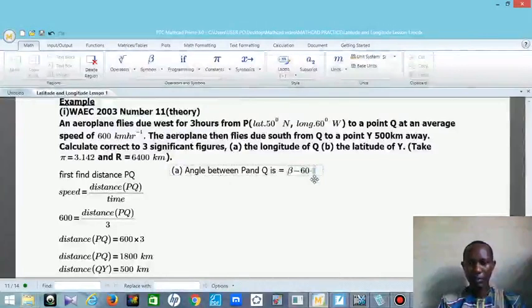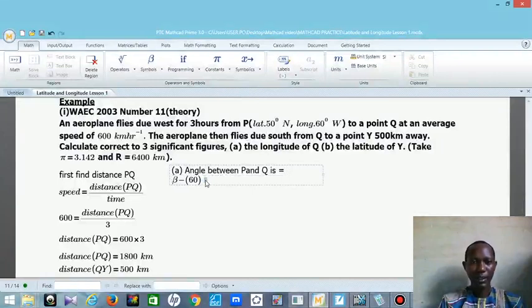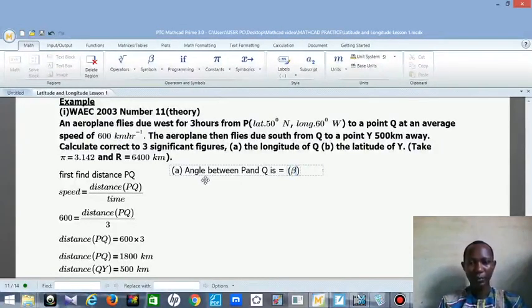Let me put it in bracket. Okay, so that is the angle. Take note of that: angle between P and Q.